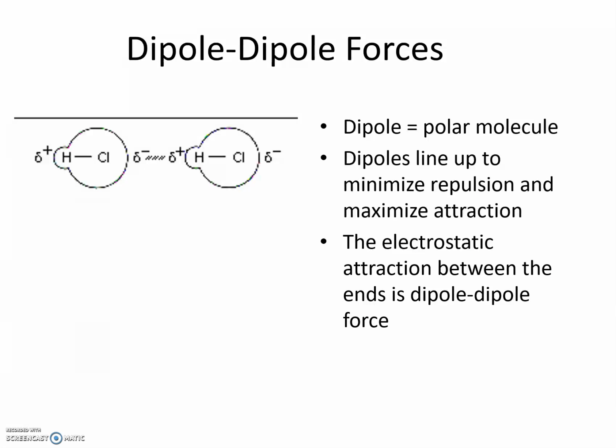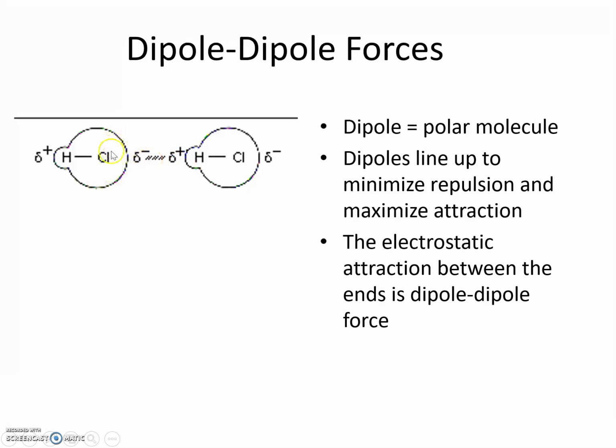Okay, next type of intermolecular force is a dipole-dipole force, and this is the type of force that holds polar molecules together. Although we're going to look at another example next, in general, polar molecules have dipoles. If you have two adjacent polar molecules, like these hydrogen chloride molecules that you're seeing right here, then the dipoles can line up in such a way that you have electrostatic attraction.